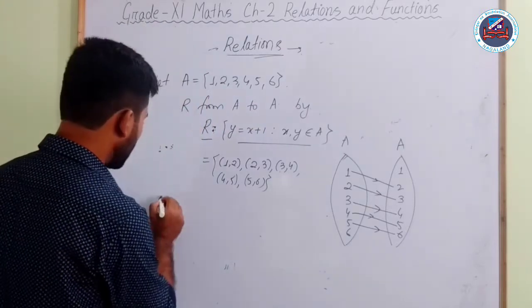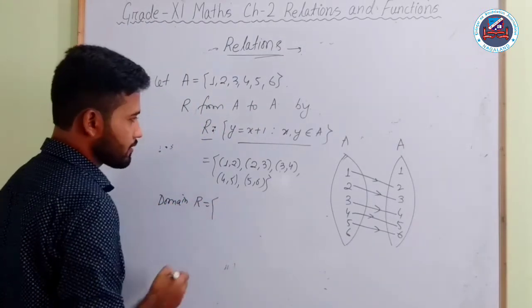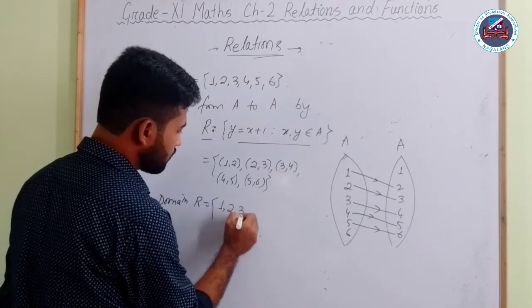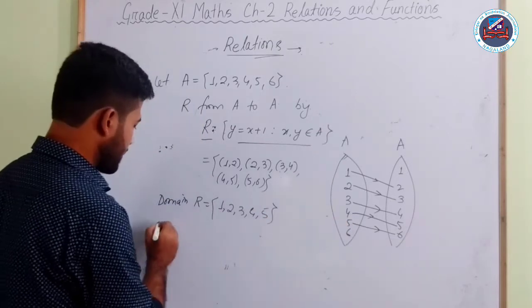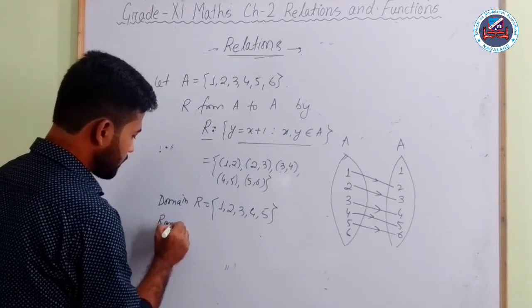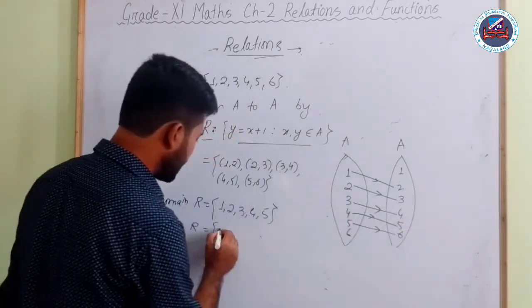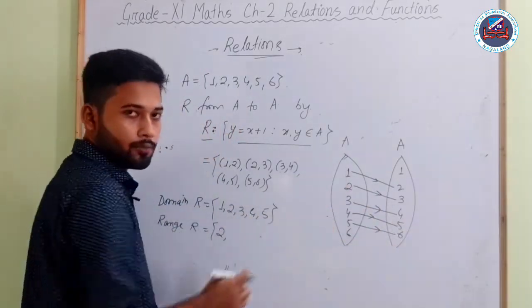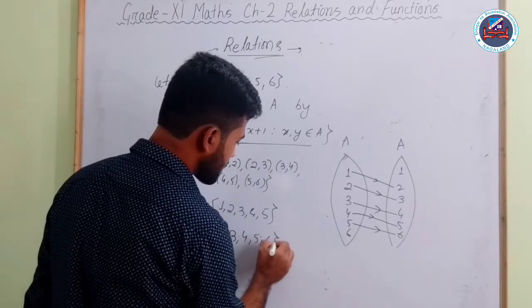Now what is the domain of R? Domain of R is 1, 2, 3, 4, 5, excluding 6. What is the range of R? It will be all the elements that are connected to at least one element of the domain. So it will be 2, 3, 4, 5, 6.